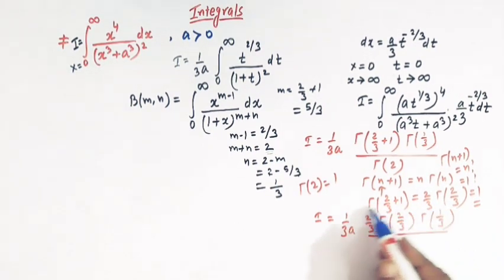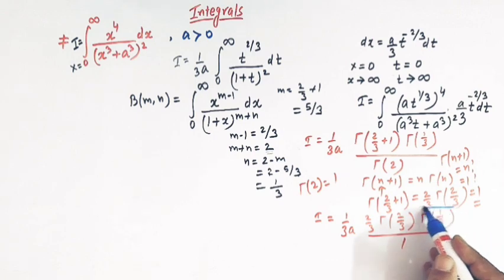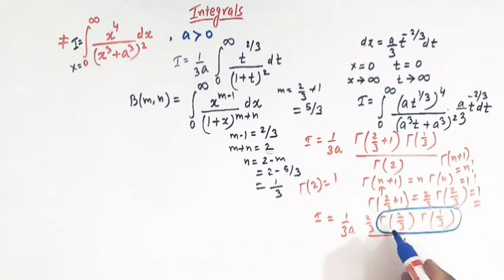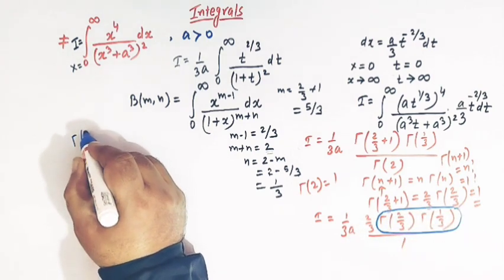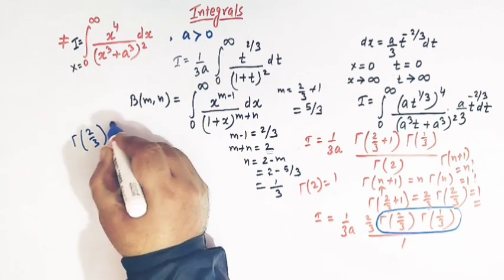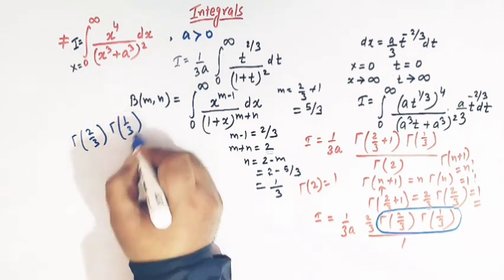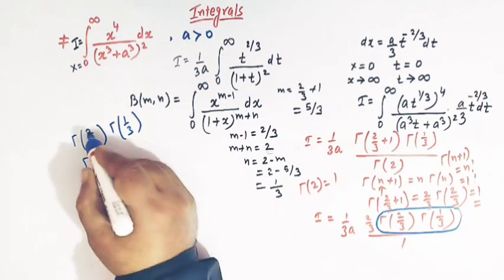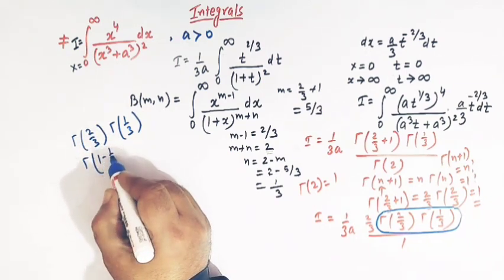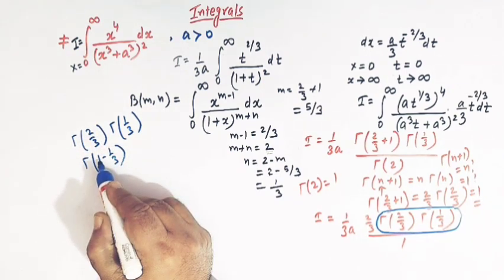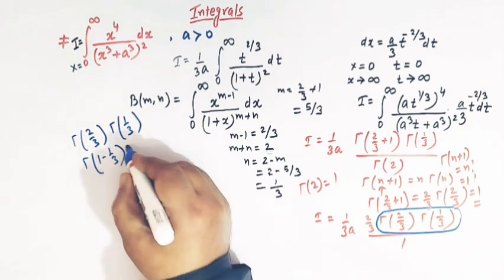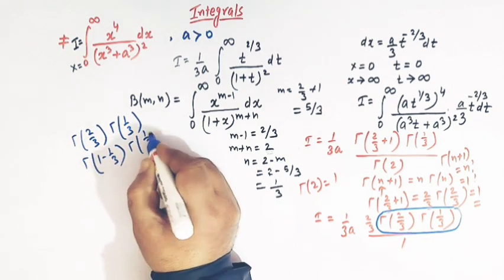So now we have to simplify this expression. Now see, here we have this term, right? That is gamma of 2 by 3 and gamma of 1 by 3, right? Now see, gamma of 2 by 3 can be written as gamma of 1 minus 1 over 3, because 3 ones are 3 minus 1, 2 over 3, and here we have gamma of 1 over 3.